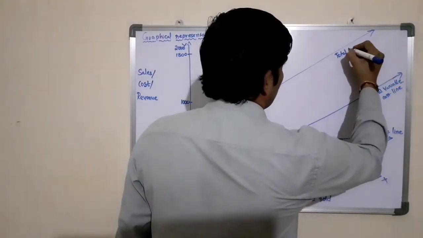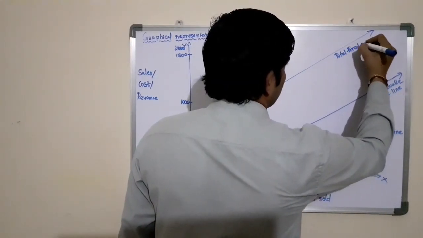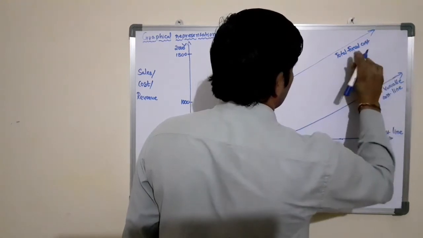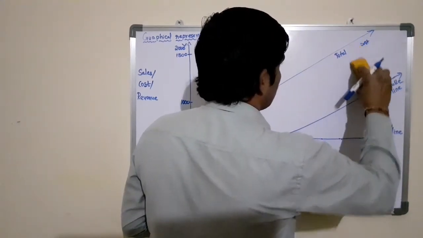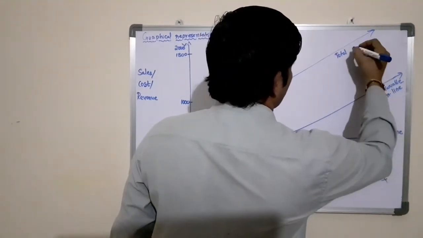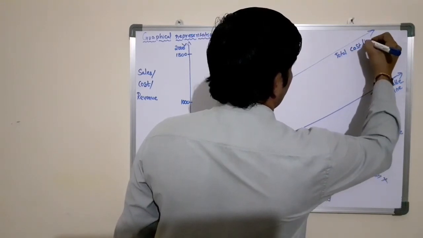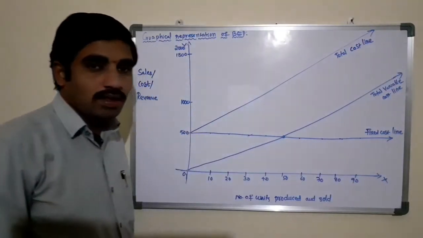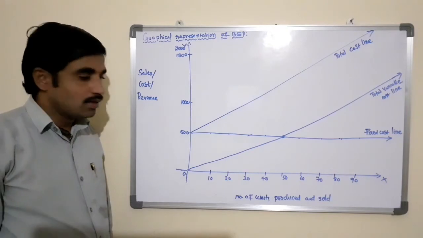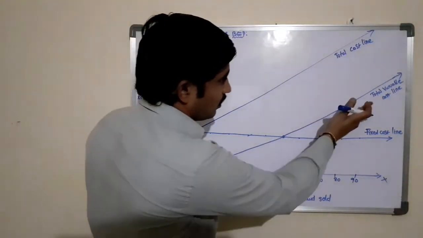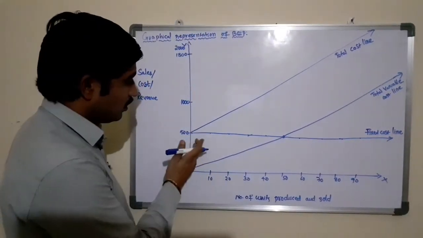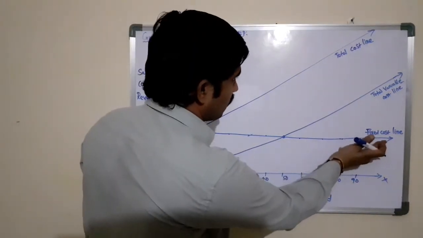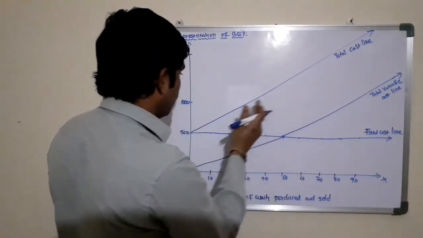This is the total fixed cost, and this total cost line is the combination of fixed cost and variable cost. So here this is the total variable cost, this is total fixed cost, and this is the total cost line.